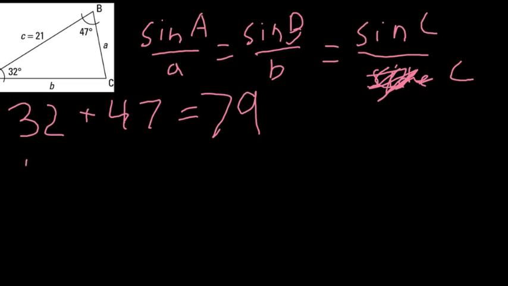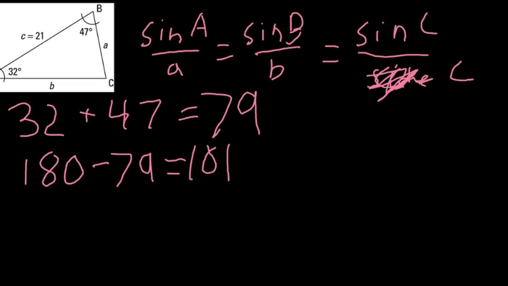We know the total sum of all the angles in a triangle equals 180 degrees, and that minus 79 gives you 101. Therefore, angle C equals 101 degrees.